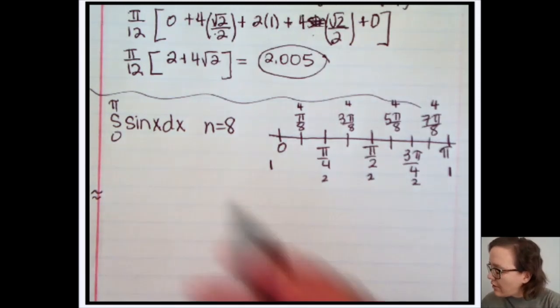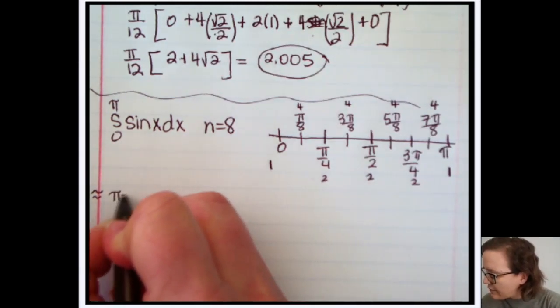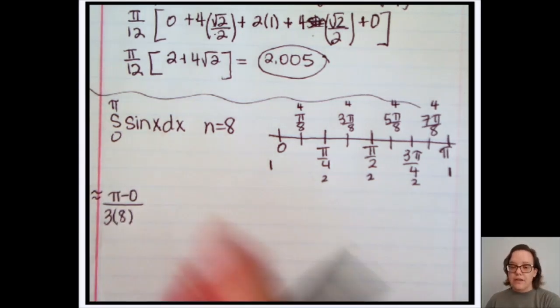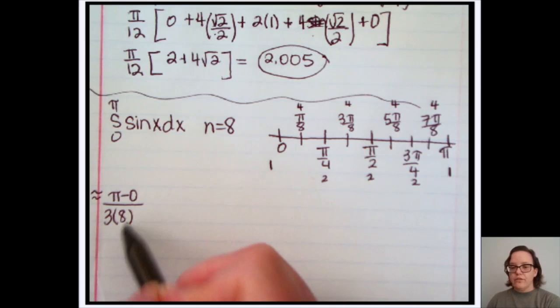Okay. So we have pi minus 0, b minus a, over 3 times the intervals, so 3 times 8.